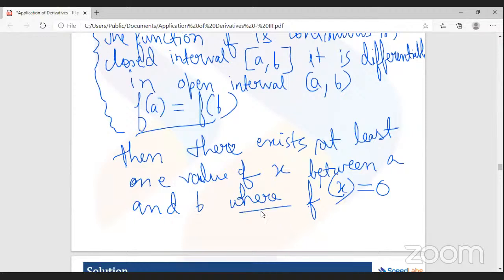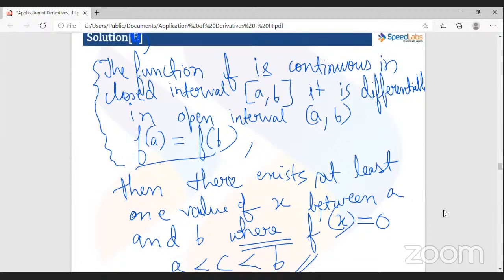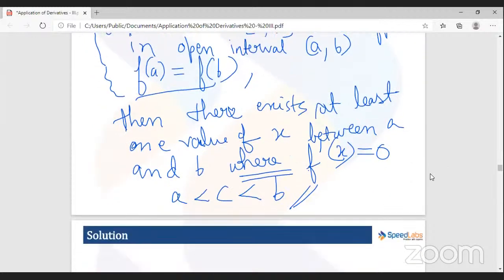So if f dash x is equal to 0 at c, c is between a and b. So this is Rolle's theorem. If the function f is continuous in closed interval ab, it is differentiable in open interval ab, and f(a) equals f(b), then there exists at least one value of x where f dash x equals 0, and that value of x is necessarily between a and b.